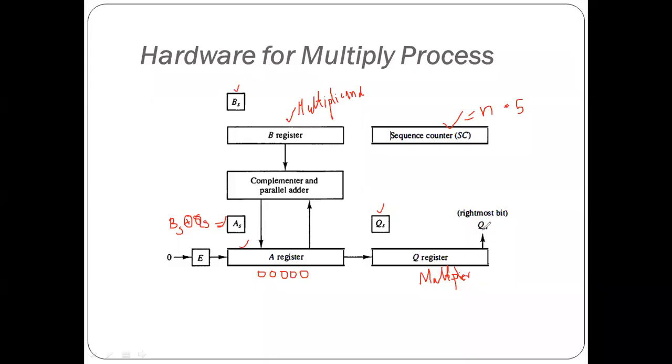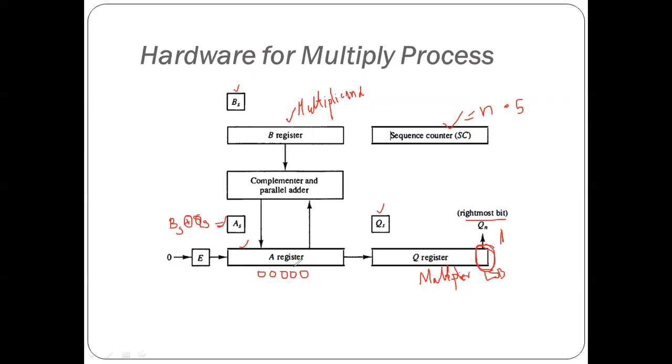Initially, we start with Qn, which is the rightmost bit, the least significant bit. We inspect this bit first. If this least significant bit is 1, then the multiplicand is added to the accumulator, which is initially 0.